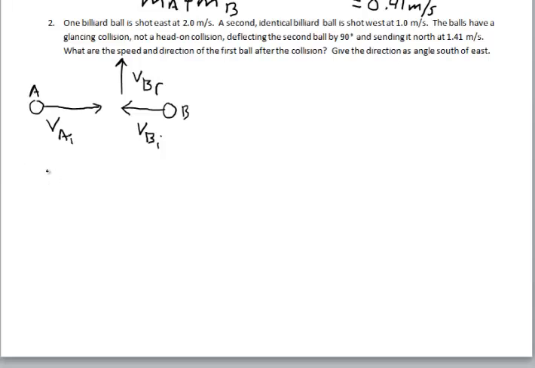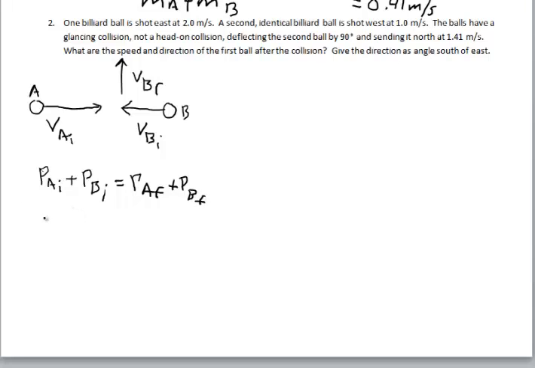All right, so conservation of momentum, same kind of thing. So P_i plus P_i equals P_AF plus P_BF.